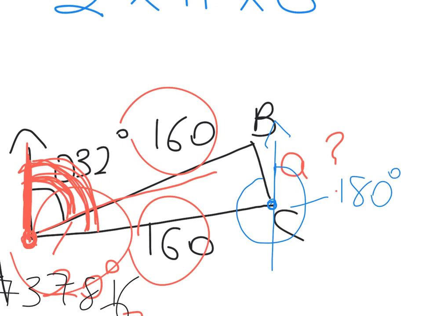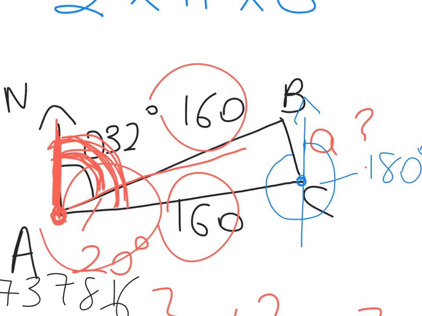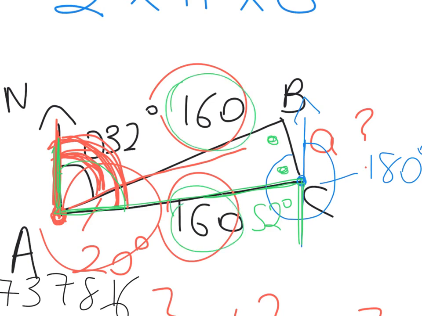I can then identify a Z angle here. So that's 52 degrees, which means that bit in there must be 52 degrees. So 52 and 52. Now I know that it's an isosceles triangle because these two lengths are the same, which means these two angles need to be the same.